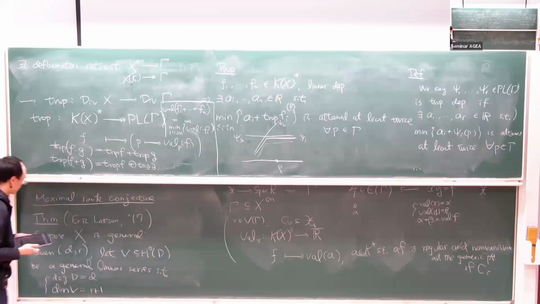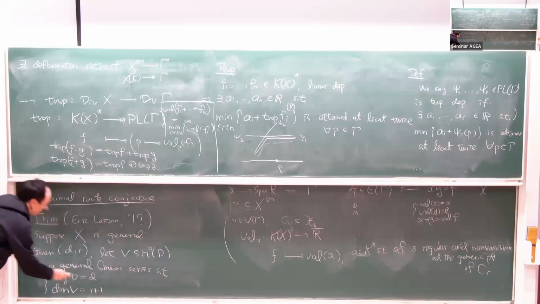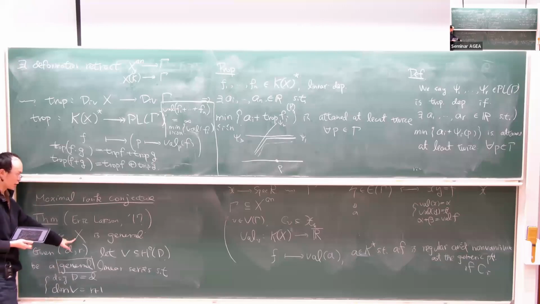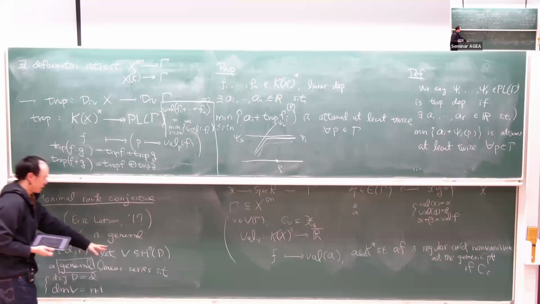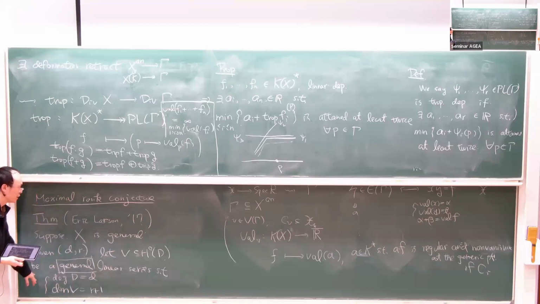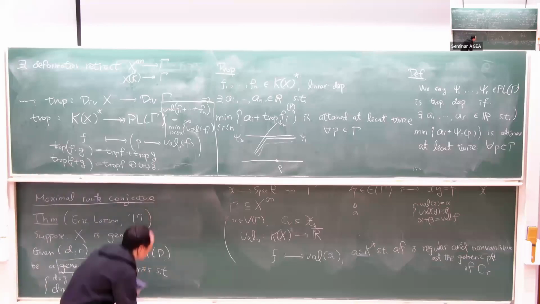Of course, you need to make sense of what it means to be a general linear series, but you can actually do so. You want to make sure that you have an irreducible moduli space which parameterizes general curves with a linear series satisfying this property. General just means it is outside a proper Zariski closed set.